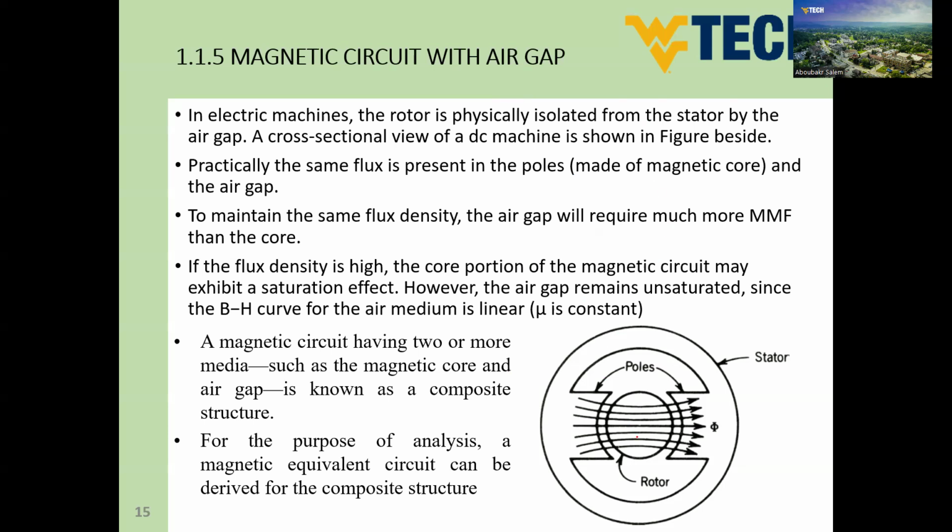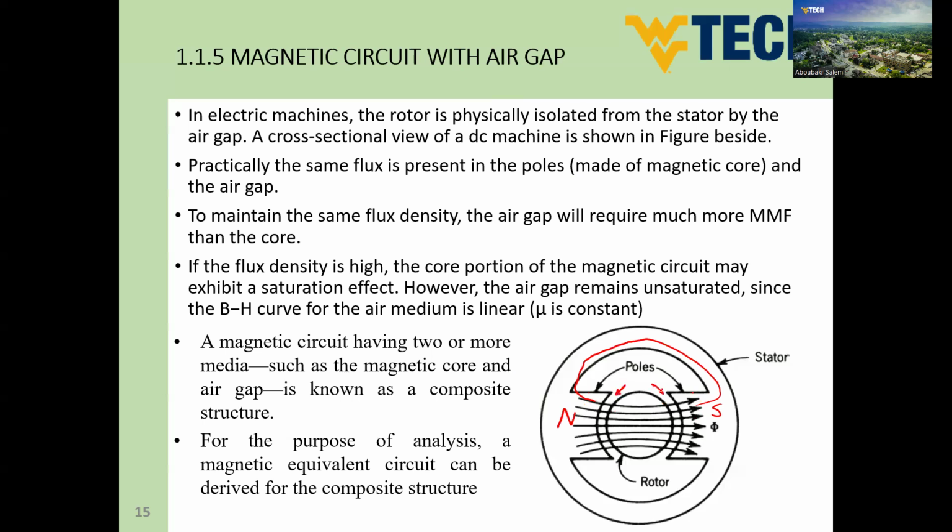Can you see here, guys? We have here two poles. Assume that this pole is N and this pole is S. As you can see, flux lines are moving here and will rotate inside the core and return back again, and so on. And you can see here you have a gap.